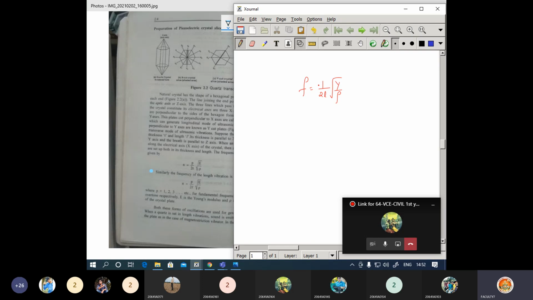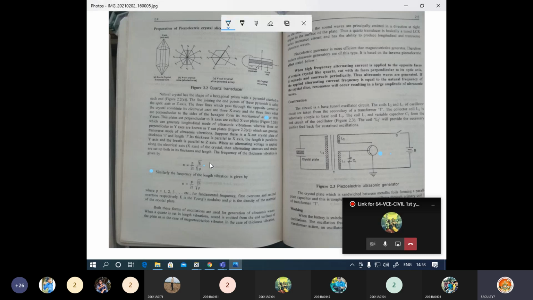There might be multiples of this frequency, so take an integer here, and consider the multiples of that. This is the frequency of the crystal vibrations.